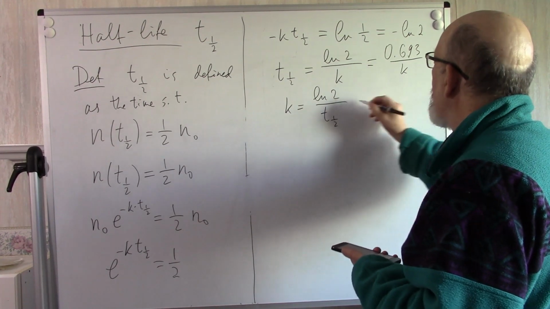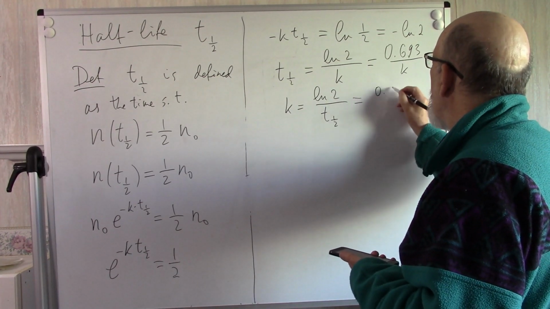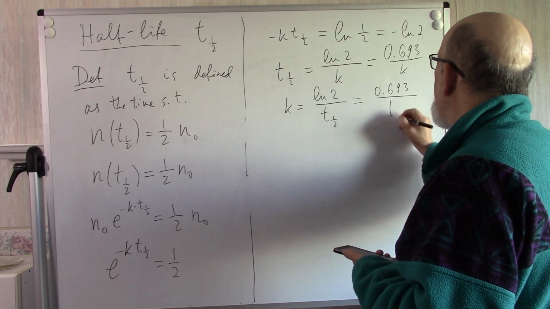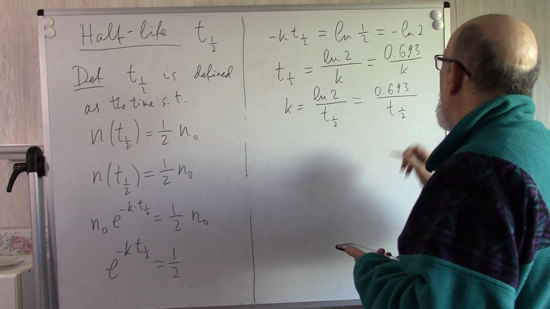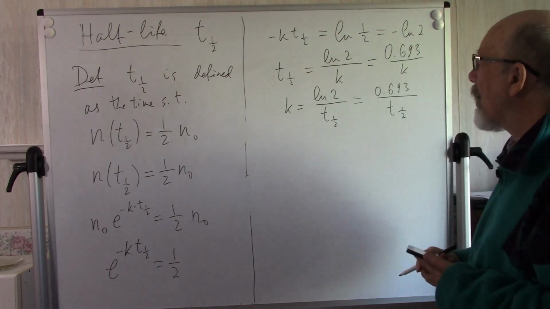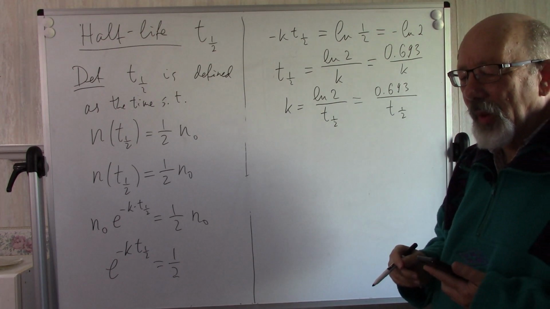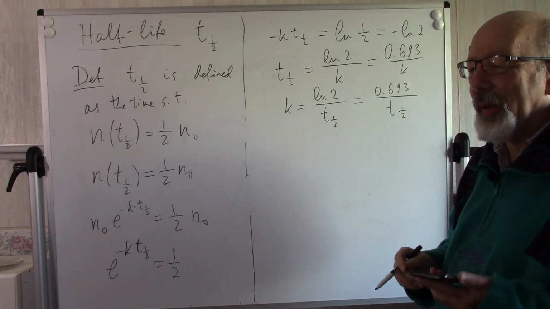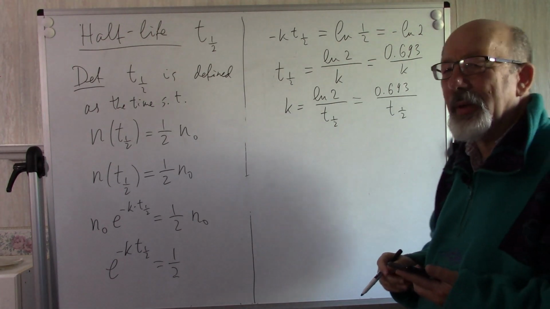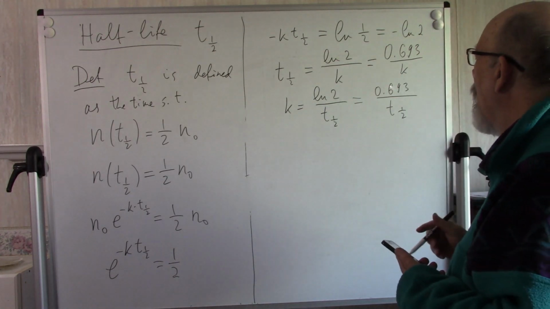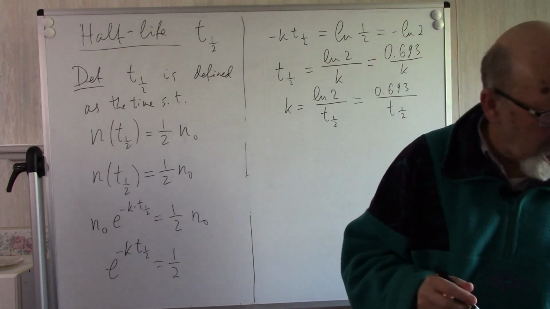So we have 0.693 divided by k equals 0.693 divided by t 1/2. So we have these formulas. You should not memorize this number. If you have a calculator, you will find it anytime.